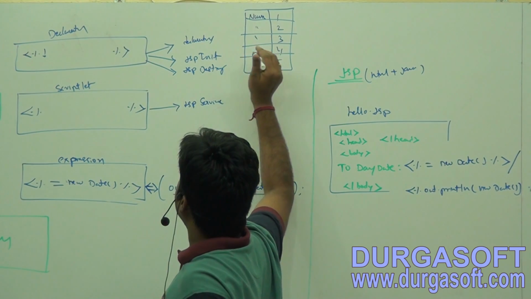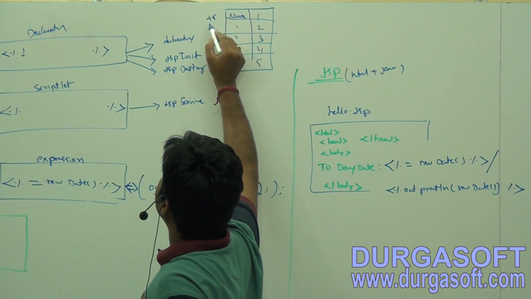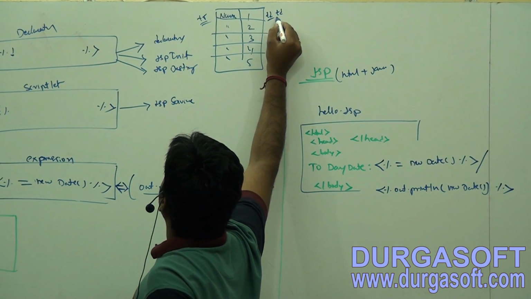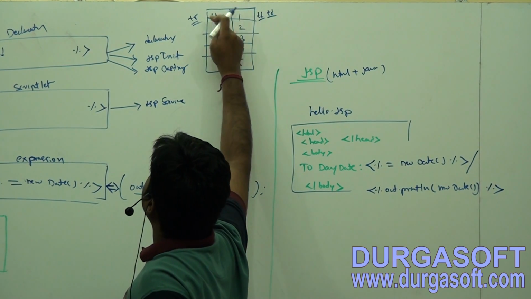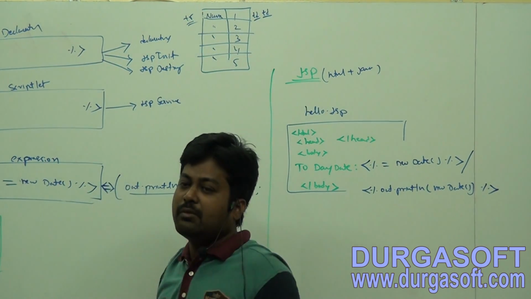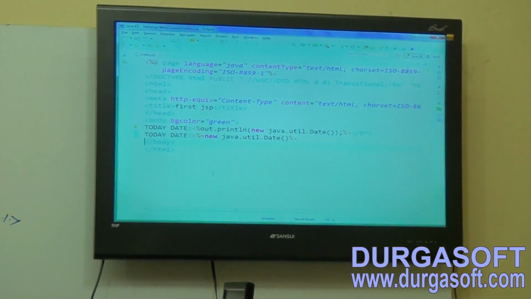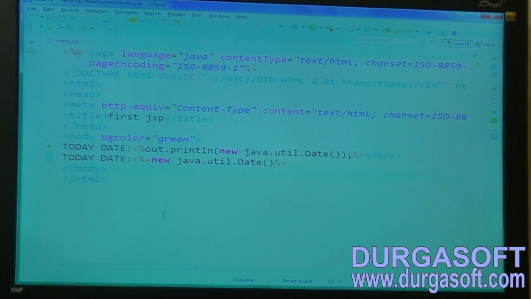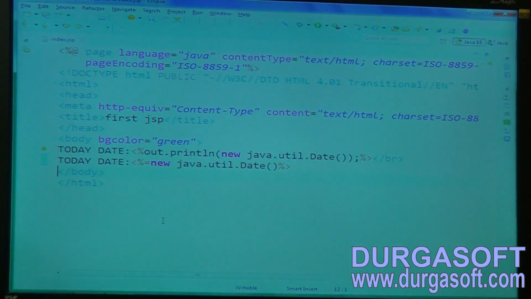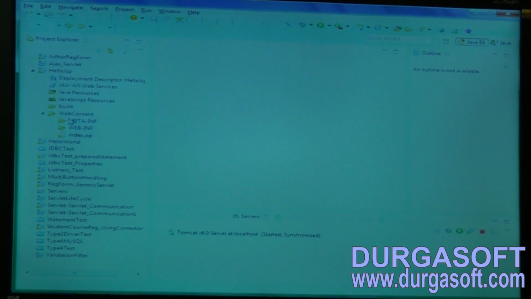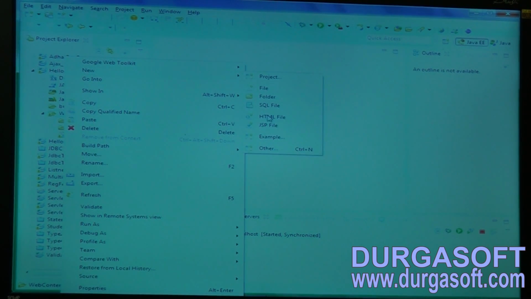Five TRs it needs to generate, and in each TR it needs to generate two TDs. This TD for this number, this TD for this one. How to generate the TRs and TDs dynamically here? We should write some Java code. For loops we know how to write. So where should you write that for loop code? Under a scriptlet. Okay, so table.jsp, I will create one more page.